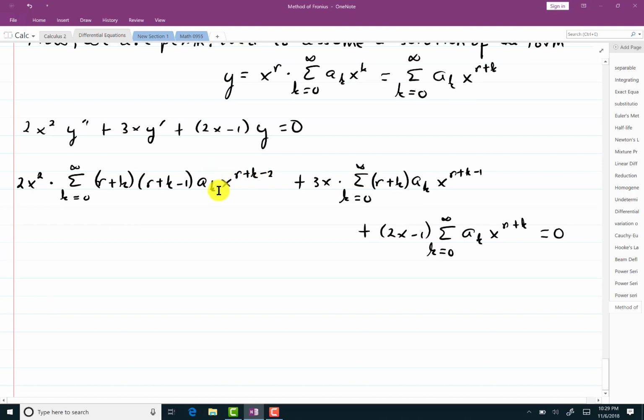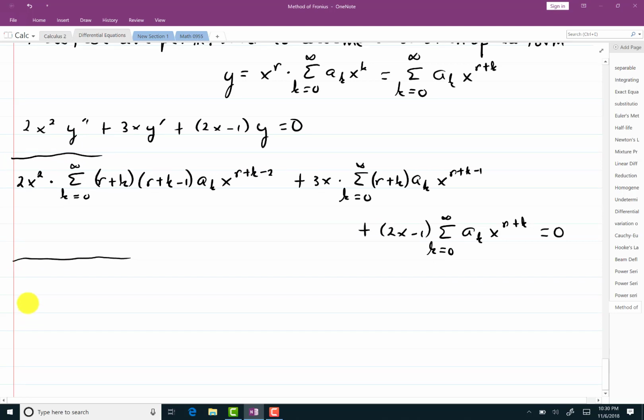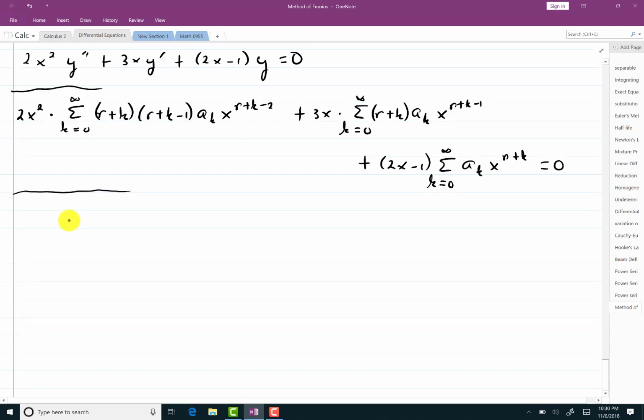Now you could right now yank out the x to the r because it's already done what needs to be done. So I could pull it out front if I want to. I think before I do that though, I will multiply my coefficients through. So the 2x squared, for example, I'll go ahead and pull that in, and I'll do like I have been doing here to keep myself organized, probably better than anything.